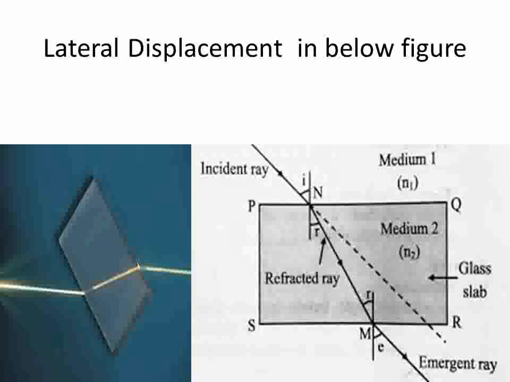The incident ray falls on the glass slab; medium 1 is the rarer medium and medium 2 is the denser medium, so the ray is bent towards the normal, and the refracted ray passes to air again. That is, the emergent ray is in air, and the emergent ray and the direction of the incident ray are parallel.